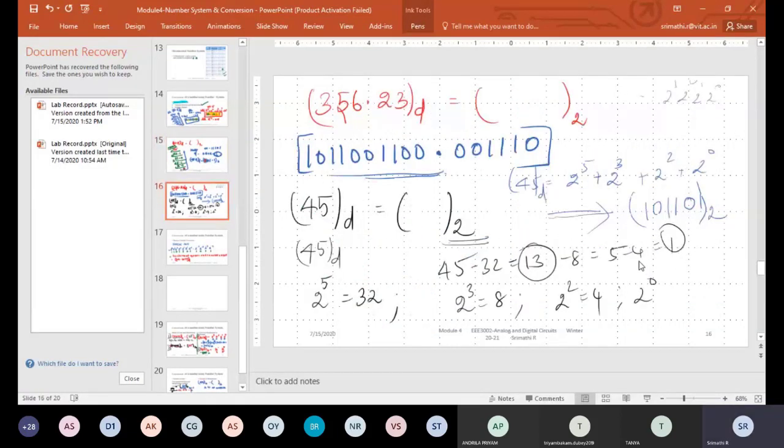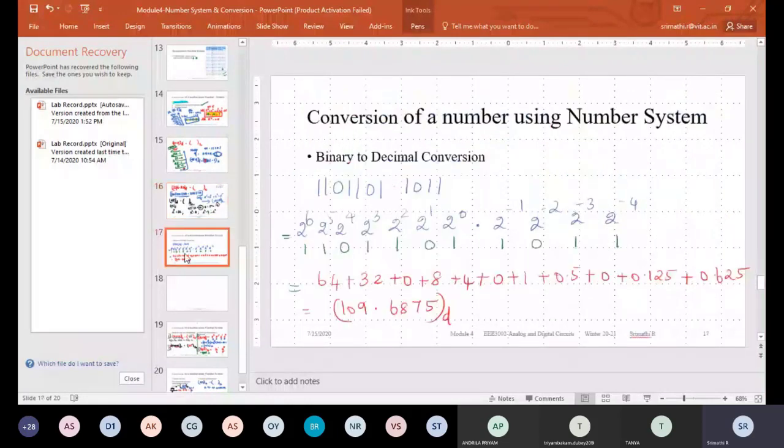This is in case of your weighted number system. If I'm having a number after the decimal, I need to represent it in terms of 2 power minus 1. That is why I have given the weight here.